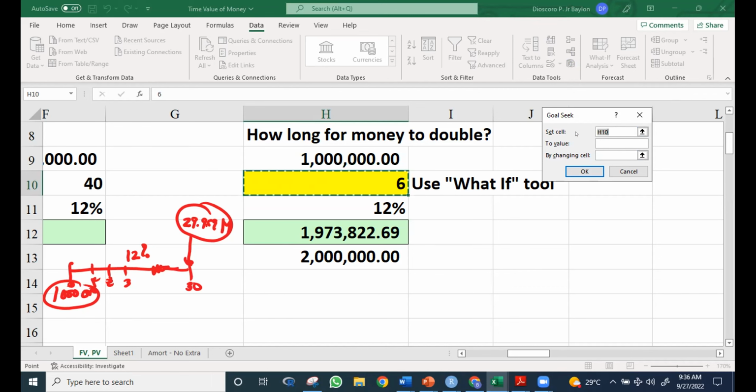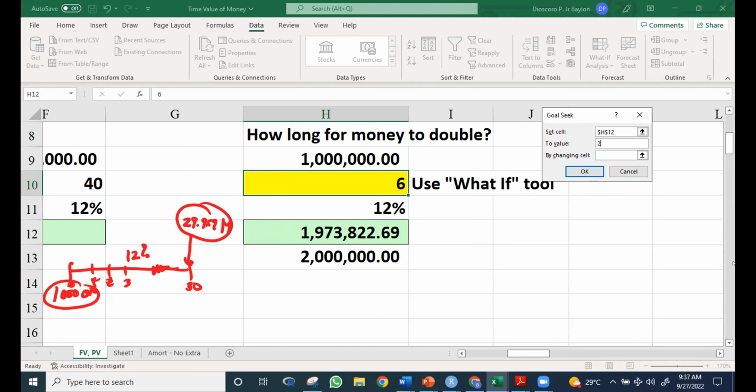All right. So what do we set? Set cell. What do we set, guys? We want this cell to be 2 million, right?